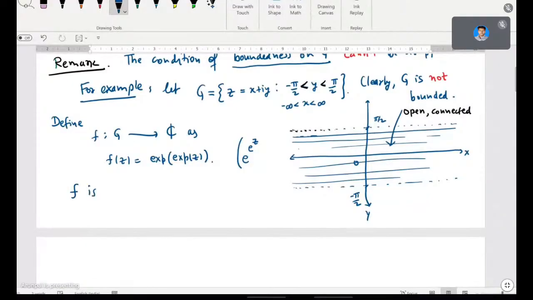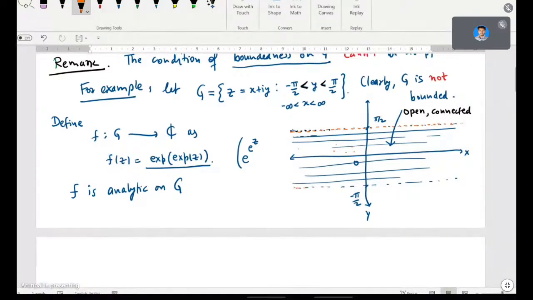Now class, clearly f is a composition of two analytic functions. So trivially this f is analytic on G. In fact, it is analytic on G bar, because even if you take the limit points, the boundaries, these inner points are also limit points.